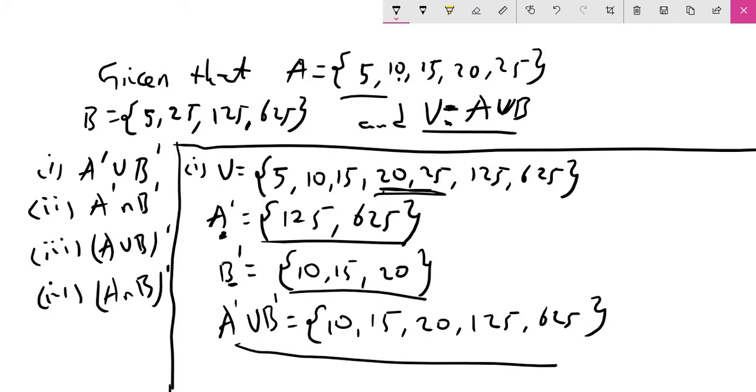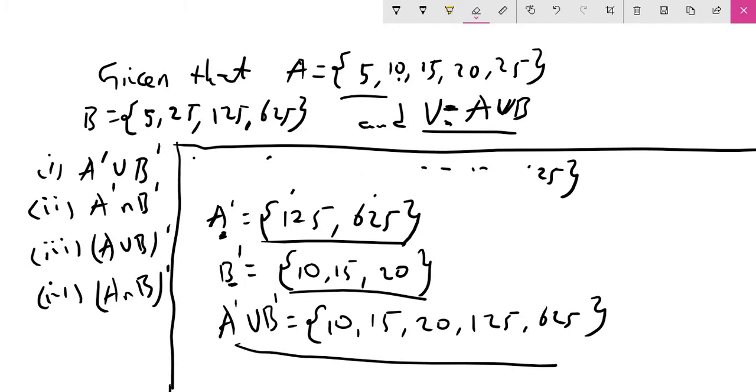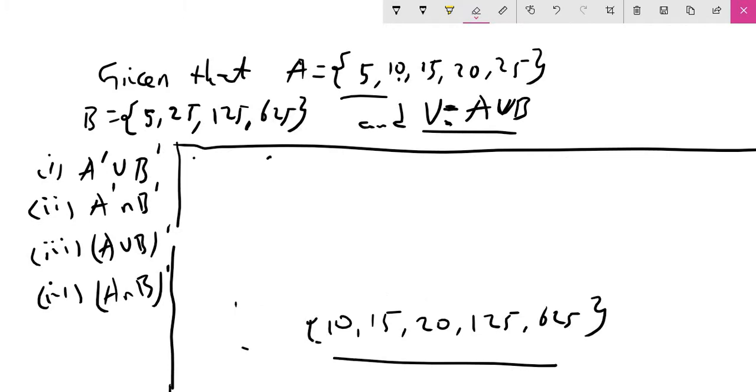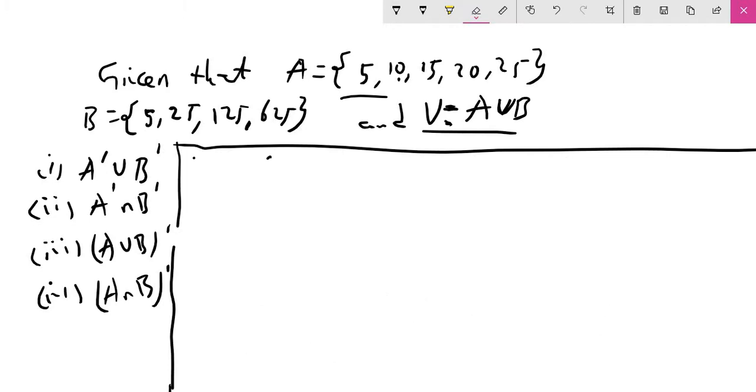Now let us do the second one. Alright, so again we have to find a complement, that is for the II. I mistakenly cleared the universal set, so I'm just going to rewrite it up here.